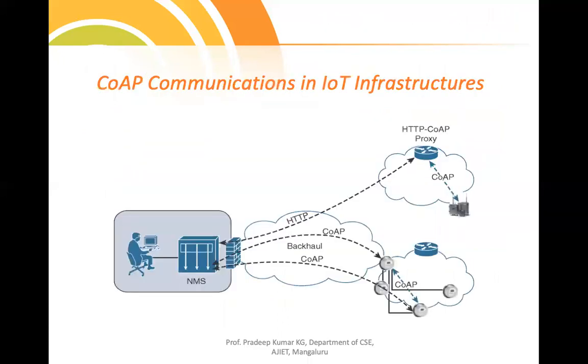Continuing further, CoAP communications in IoT infrastructure. One of the most suitable examples for an industry. So communications, constrained network communications, application layer protocol. Now please look at the diagram.